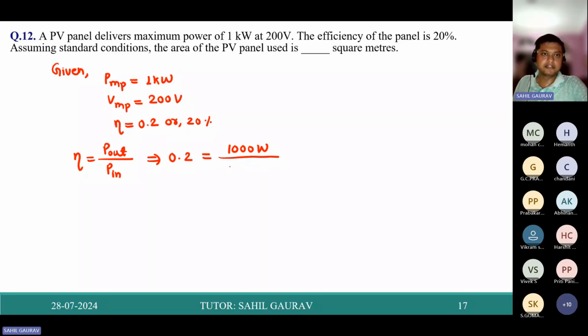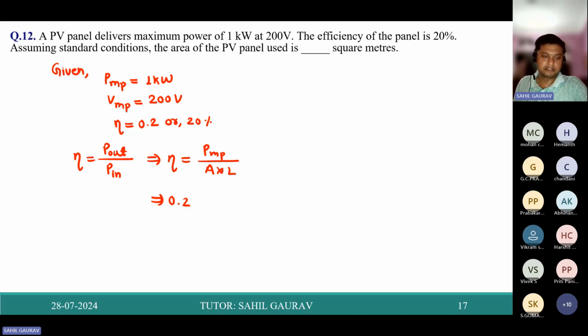Input power is area into L. Let me write one more line: efficiency equals PMP upon input power, which is area into L.